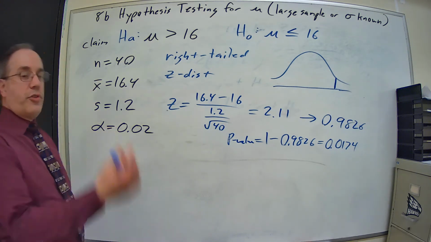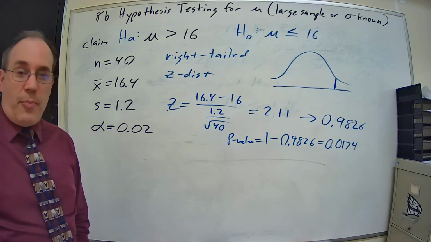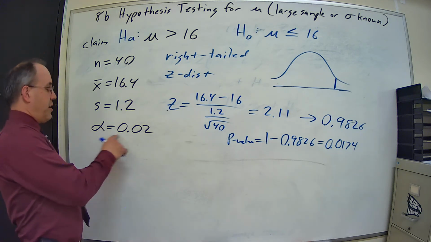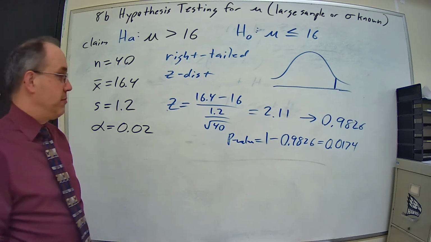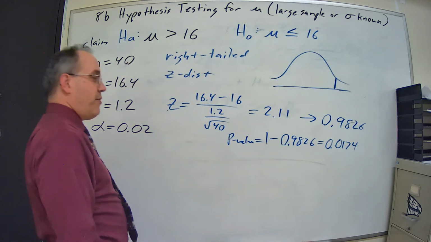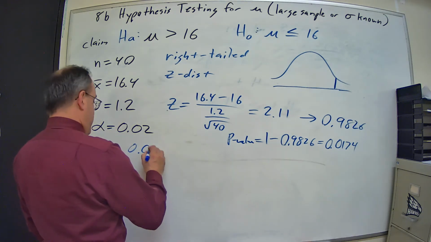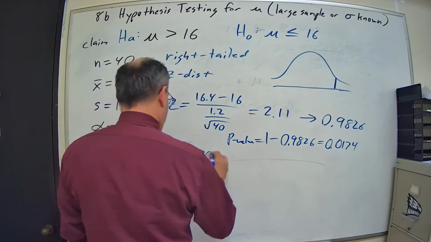So now we want to compare and determine whether we're going to reject the null hypothesis or fail to reject the null hypothesis. Our significance level is 0.02. Our p-value is 0.0174, so 0.0174 is less than or equal to 0.02.